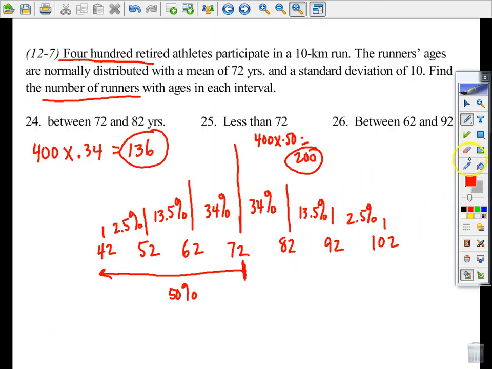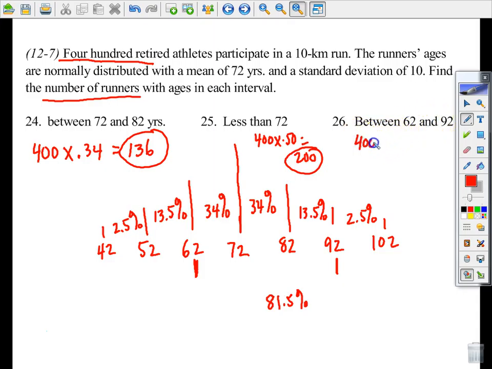And then what about between the ages of 62 and 92? So let me erase this. We're talking about now from this range, from this data point over here, and if we add these percentages up, 34% plus 34% is 68%, plus another 13.5, that's 81.5% of the runners between these ages.